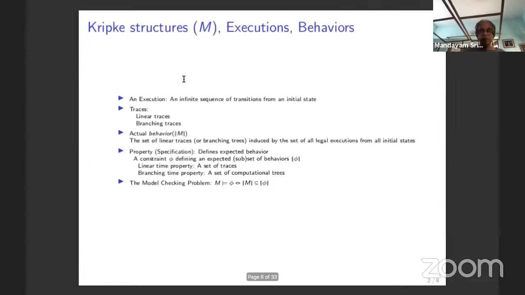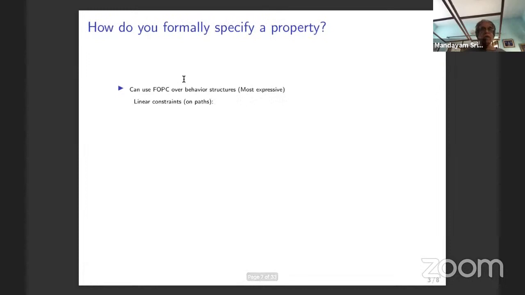As I've already shown, behaviors are structures. If I restrict to linear behaviors, a behavior is a set of linear infinite traces. They are structures, and you have studied first order predicate calculus.